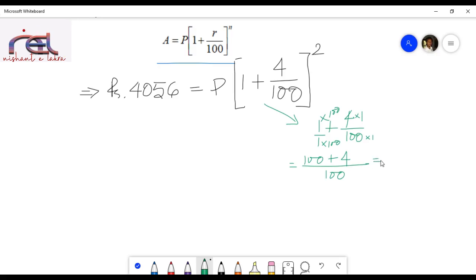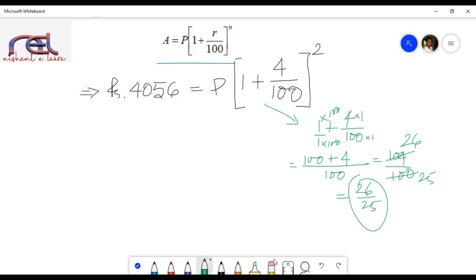So when we add these two, we get 104 by 100. When we add 100 plus 4, we get 104 by 100. We can simplify this, and when we simplify 104 divided by 100, we will get 26 by 25.